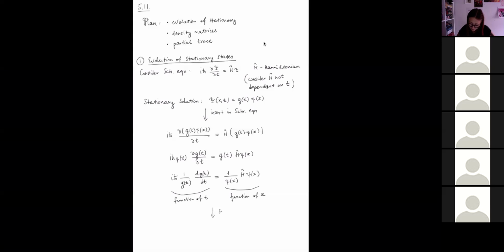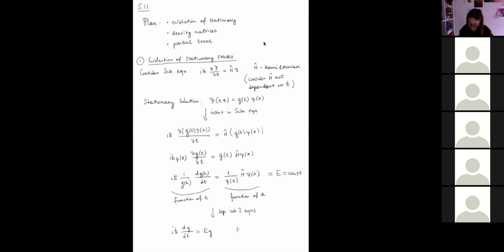So then we can separate this into two equations. The first equation would be i h bar dg by dt equals E g.